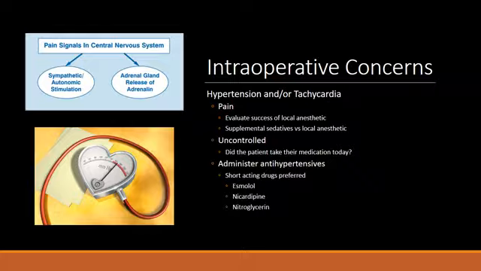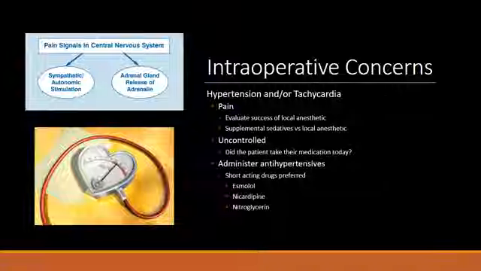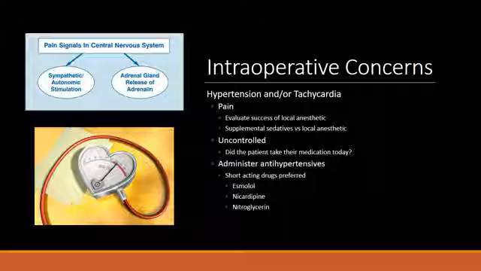Another option is to administer some of the intravenous antihypertensive medications. Often what I tend to prefer more than anything else are short-acting drugs, because intraoperative situations can change. Let's say the patient's stressed and becomes tachycardic and hypertensive at the beginning of the procedure, and then once the local anesthetic kicks in, the blood pressure and heart rate come back down to normal.